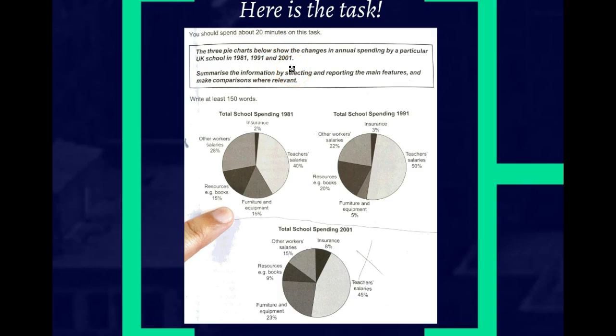What do you notice straight away? For me, I notice that this light grey area is the biggest in all 3 years. What does this light grey area represent? It is the teachers' salaries, or payment to teachers. So that's an important thing to notice straight away.